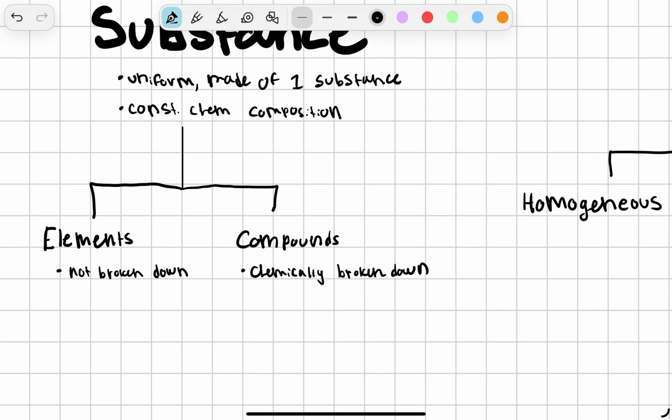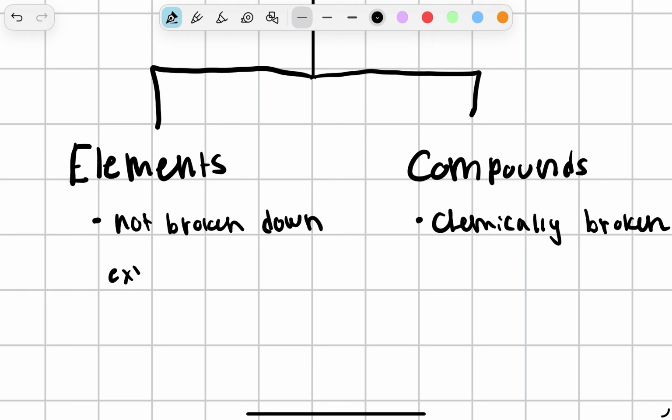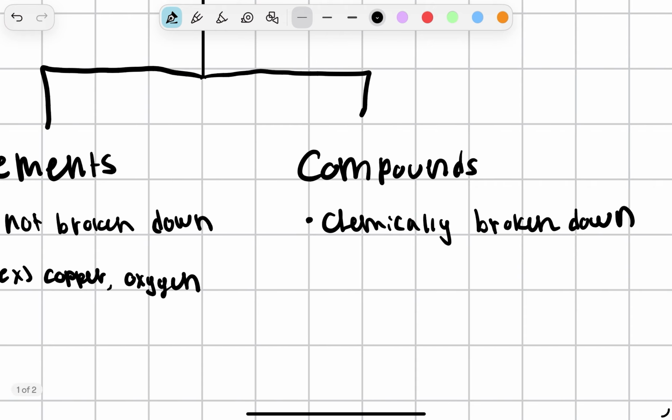Elements are what we see on our periodic table, like copper or oxygen. Compounds are molecules that we see in a constant ratio. For example, water. We always see 2 hydrogens and 1 oxygen.